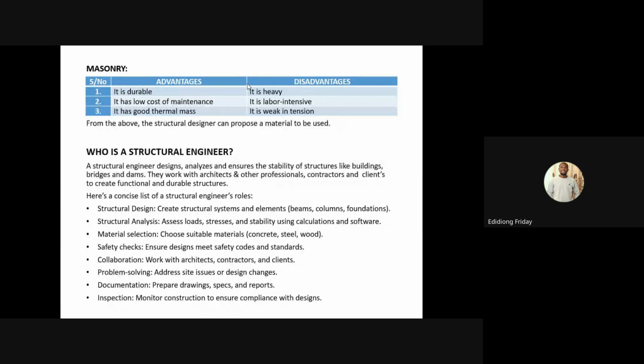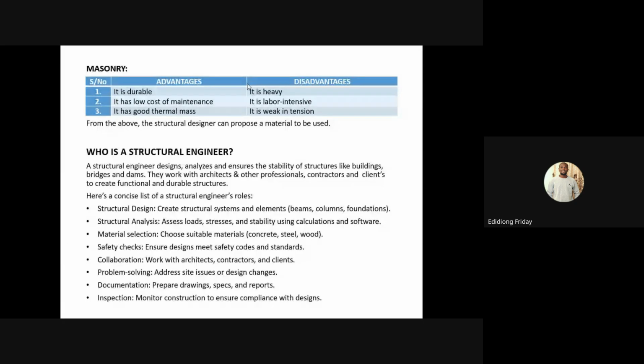For instance, you cannot even think of using wood as a structural material for a waterlogged area, because definitely you know that wood has issues with moisture. Whenever you have wood, you don't want to have water or moisture close to it. So that tells you that we can't use wood as our structural material.